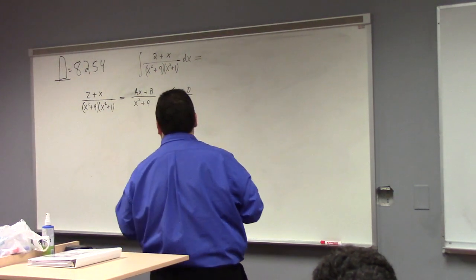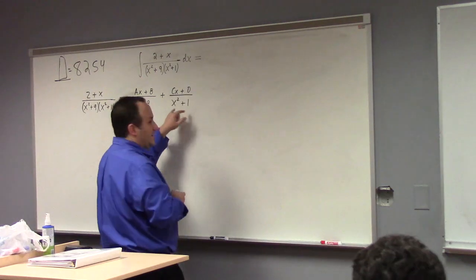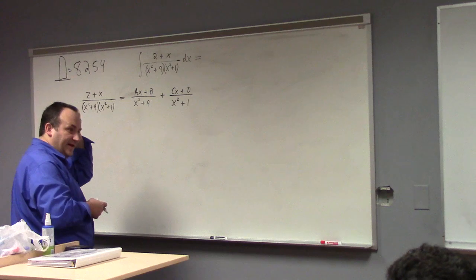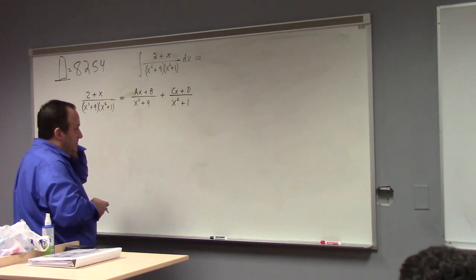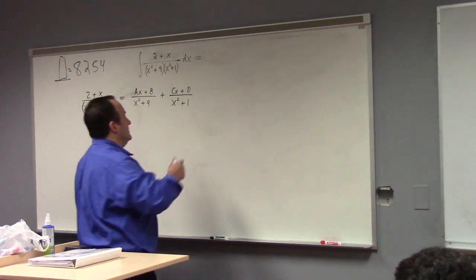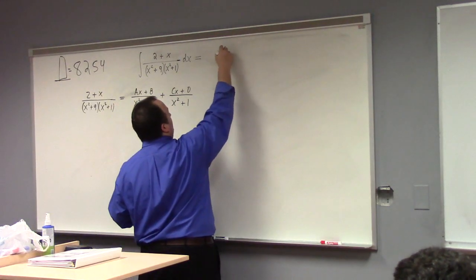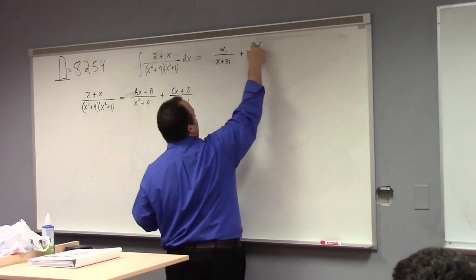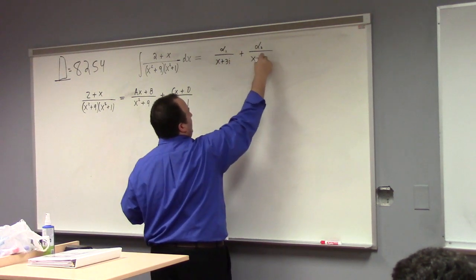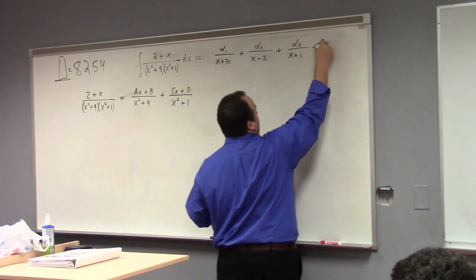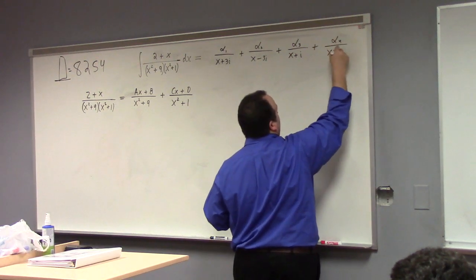Well, the only way I can factor these is to use complex numbers, because x squared plus 1 is like x plus i times x minus i. So it is true. You could write this as alpha 1 over x plus 3i plus alpha 2 over x minus 3i plus alpha 3 over x plus i plus alpha 4 over x minus i.